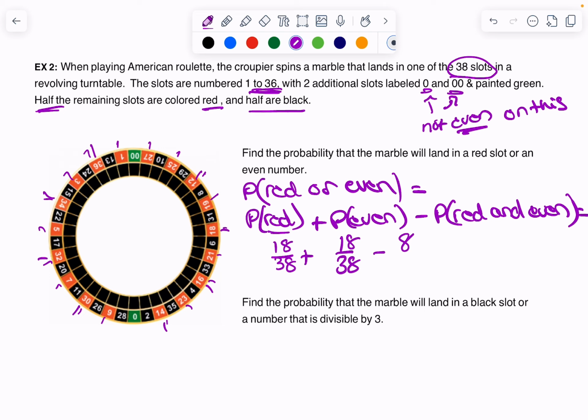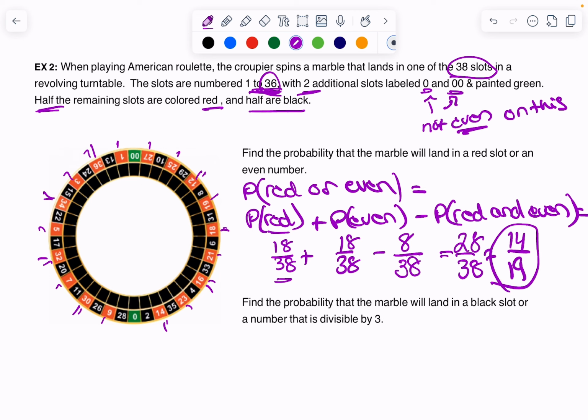I'm sorry, I got stuck. So the 38 comes from 36 plus 2. And then we're subtracting the red and even. So we counted 8, so 8 over 38. And when we do this calculation, we get 28 over 38, which simplifies to 14 over 19.